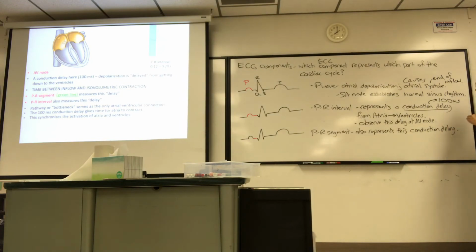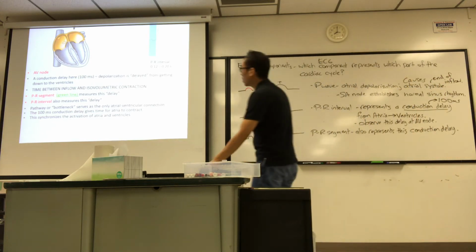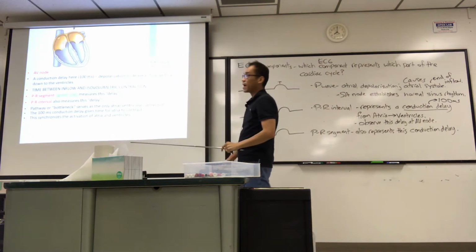However, sometimes it's hard to see it. Like mine, it's hard to see because there's a little squiggly noise there. Mine will be right here, but it's hard to see because there's a little bump there. So it's not a true flat segment.